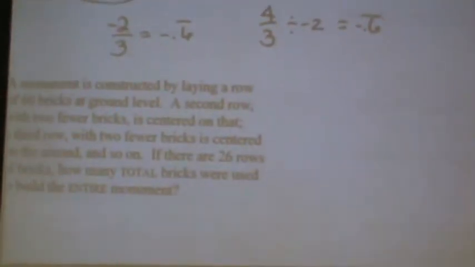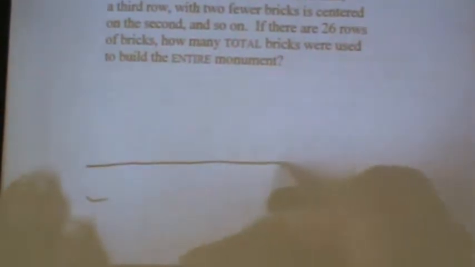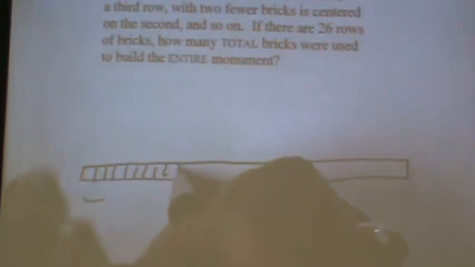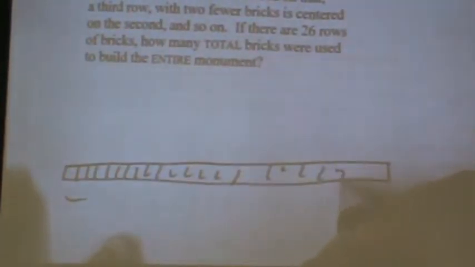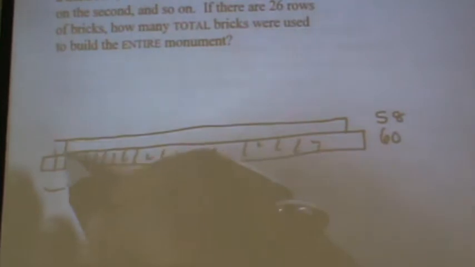Number 17. You're constructing a monument by laying rows of bricks. So think about it. In the first row, there's 60 bricks. And then in the next row, there's 2 fewer, so there's 58 bricks.